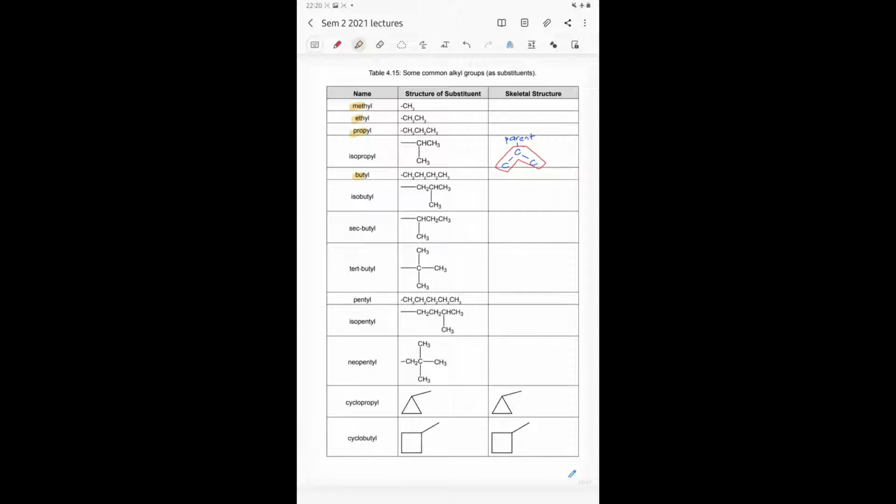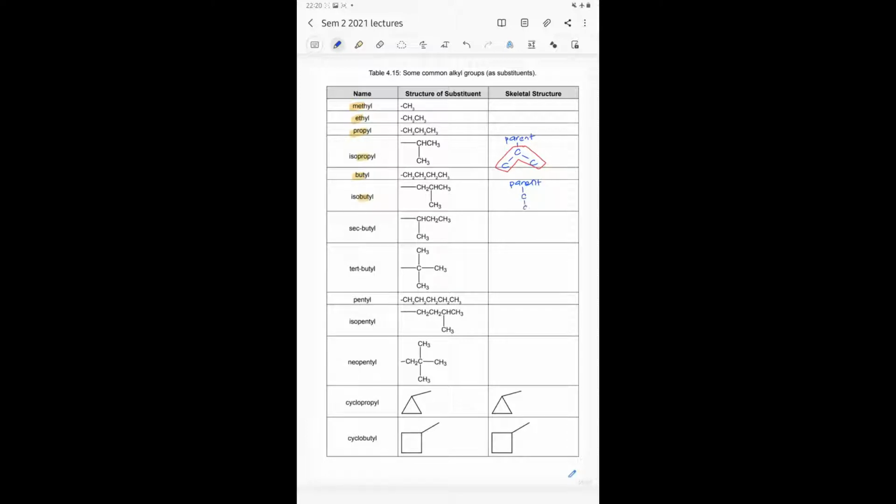Next we have isobutyl. But means 4 carbons, while propyl is 3 carbons. So how to remember isobutyl? Still iso. Let's say we have a parent chain, and the parent chain is attached to an isobutyl.